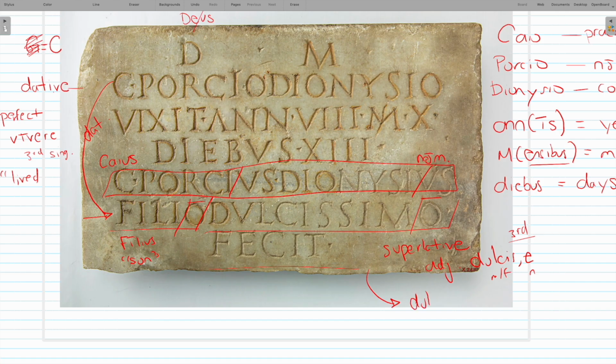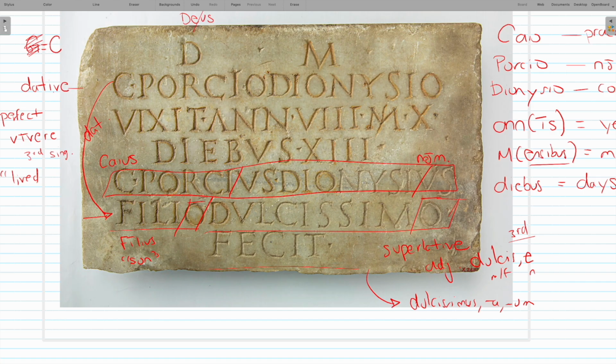So dulcissimus, dulcissima, dulcissimum. You see, this is the form of the superlative, for all the superlatives in Latin, by the way. First and second declension, us, a, um. That's why you see the dative masculine singular here, dulcissimo. Sweetest, that's the meaning.